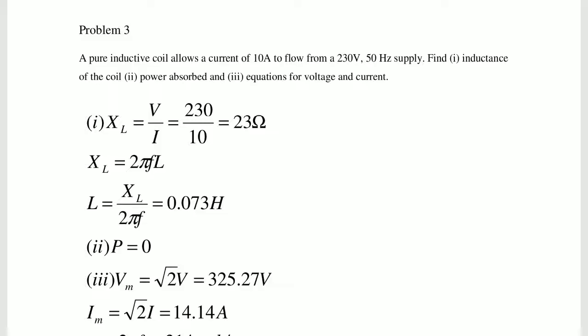Now XL is equal to V by I, 230 volts by 10, that is 23 ohms. This is in ohms, it is not resistance. XL is inductive reactance. Value is 23 ohms.